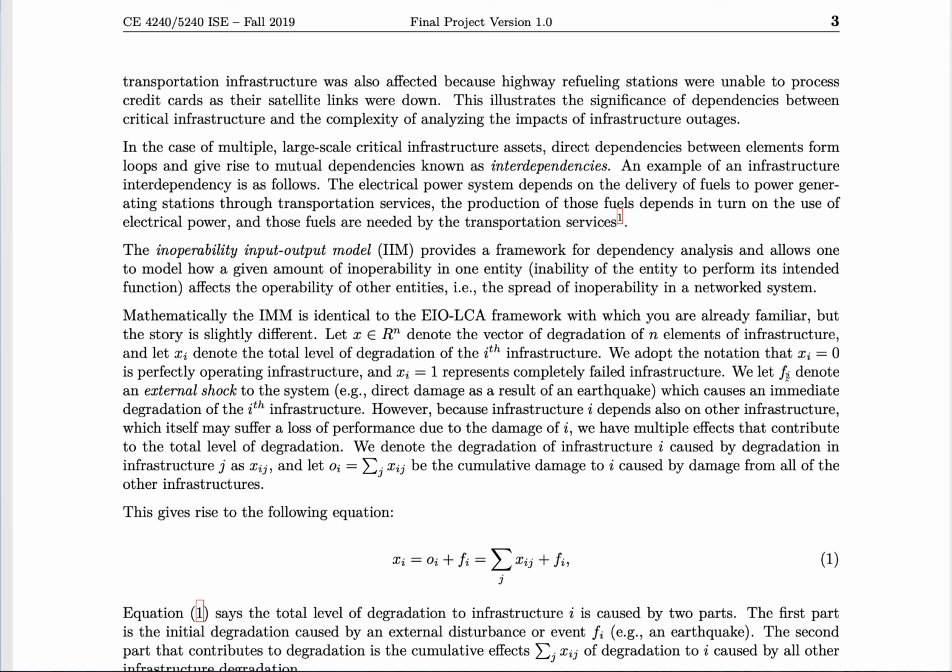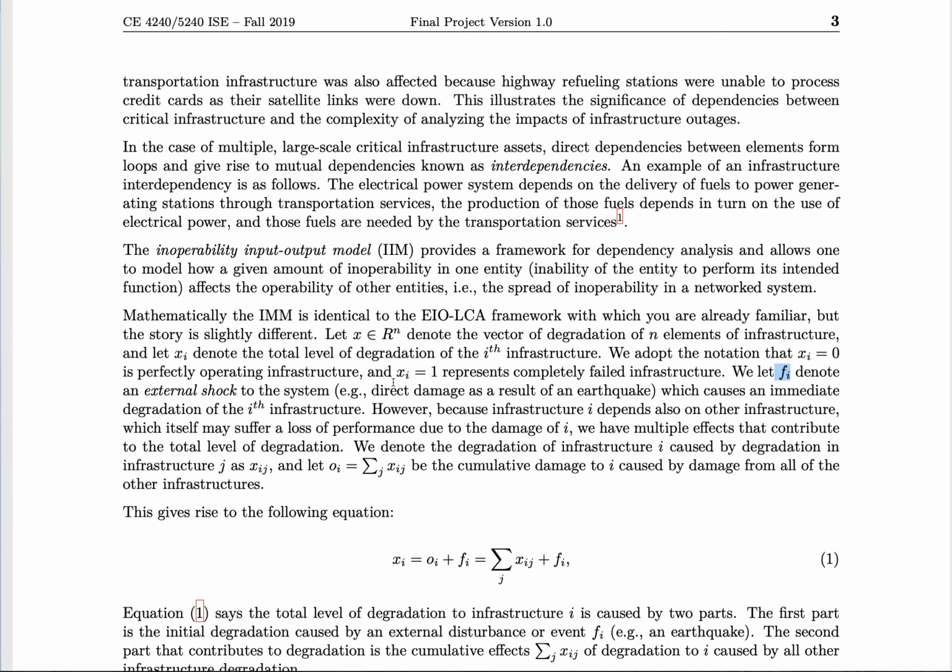Say another power plant might not be able to operate because it can't get the fuel it needs to operate long term. So you get a weird dependency where the first thing causes direct damage but may not be complete damage, but the effect of that incomplete damage causes other infrastructure to become damaged, which further adds on to the damage to the power network. Okay, so fi is this external disturbance.